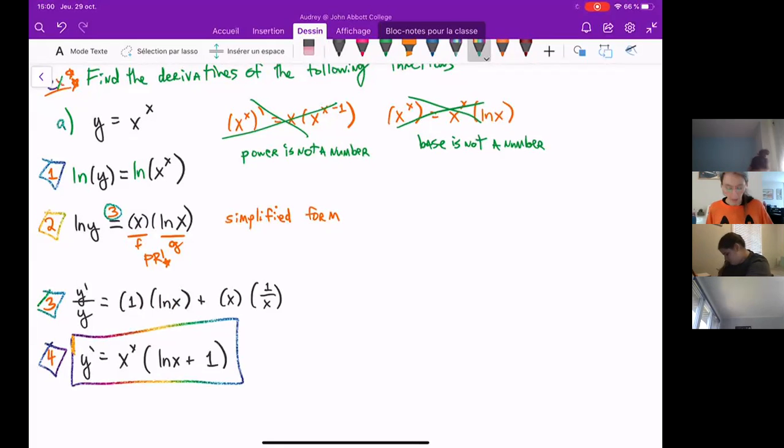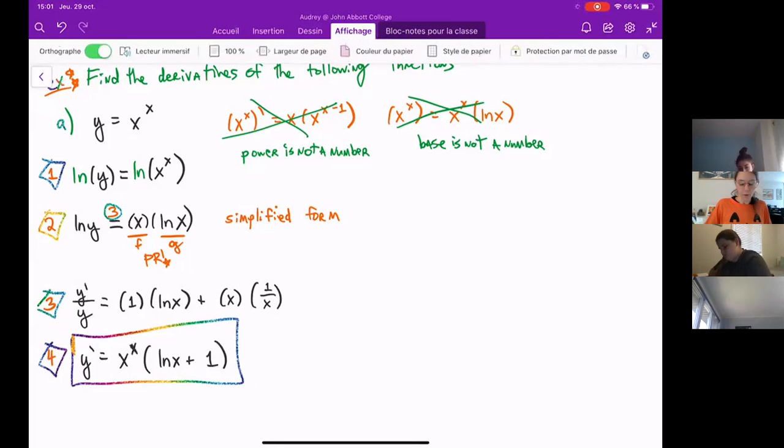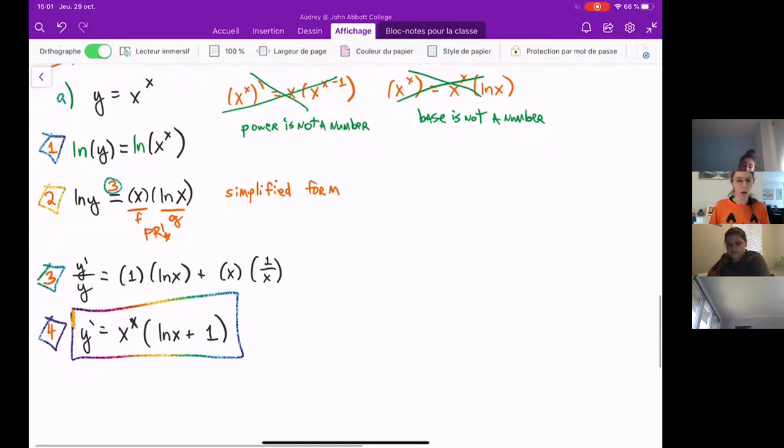Okay. Are there any questions about how we just applied logarithmic differentiation to this thing, or why we applied logarithmic differentiation to this thing? Okay. So then there's a thing I want to point out. For some reason, when people are doing logarithmic differentiation, most of the time they forget about the product rule.